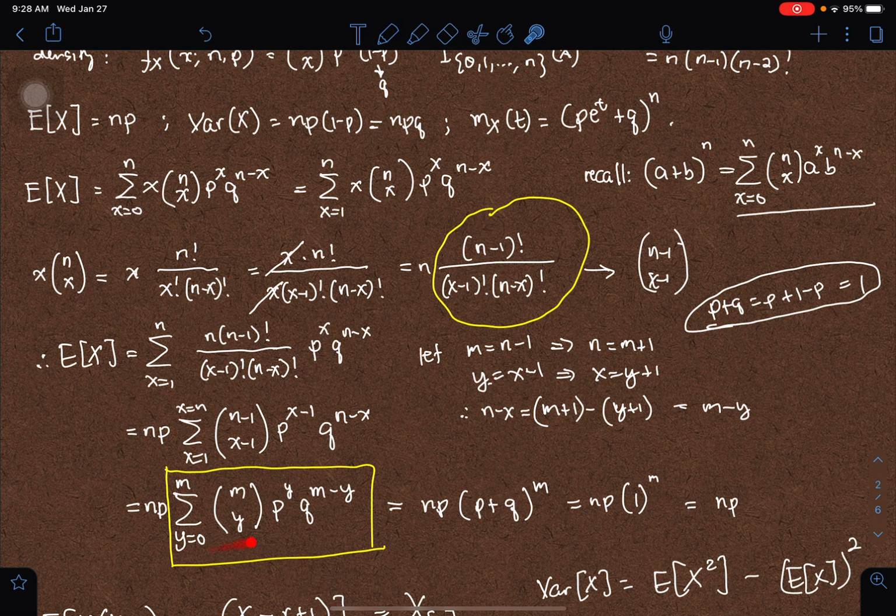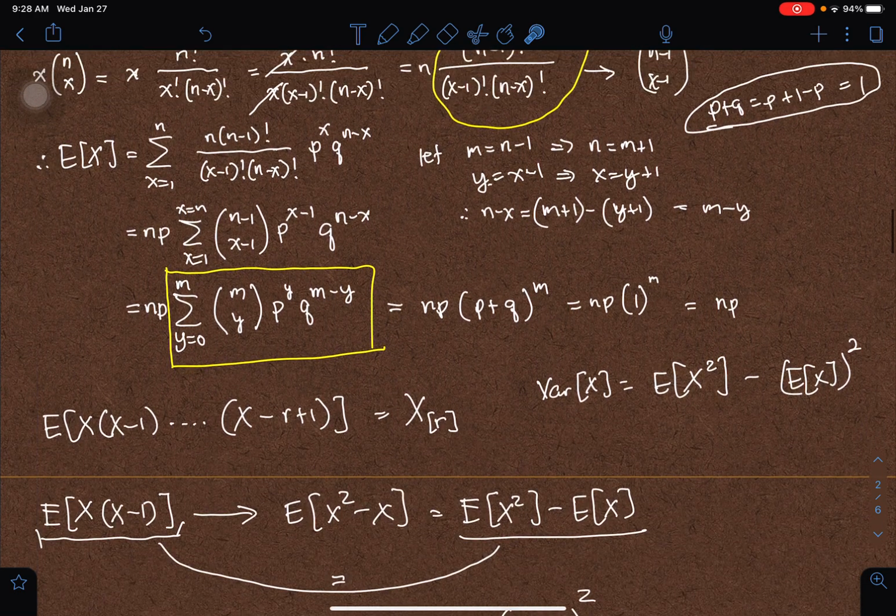Now, this is similar to this expression. p is our a, q will be our b. So this sum is actually just p plus q raised to the power m. But p plus q is equal to 1. So 1 to the power m is just 1. Therefore, this is equal to n times p. Okay? So that's the mean.